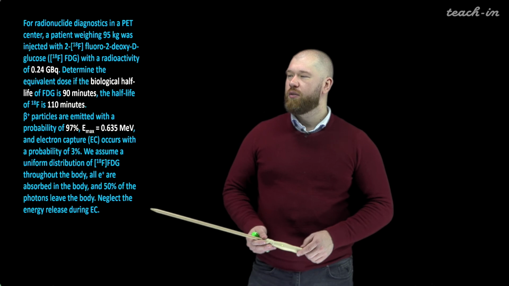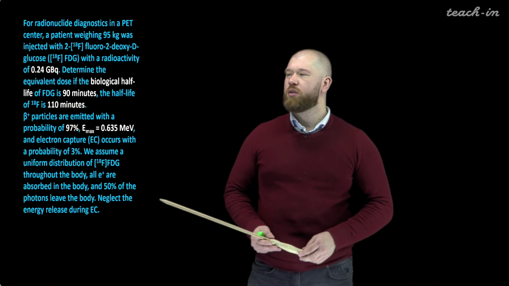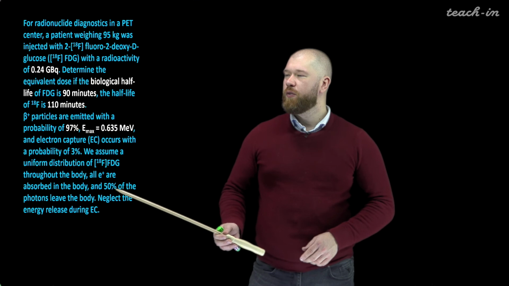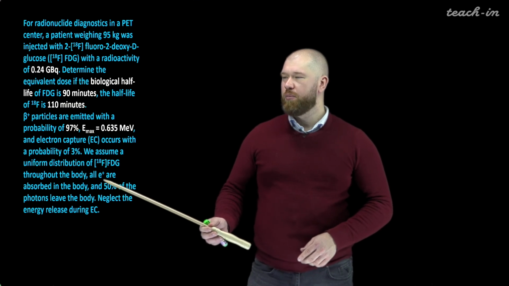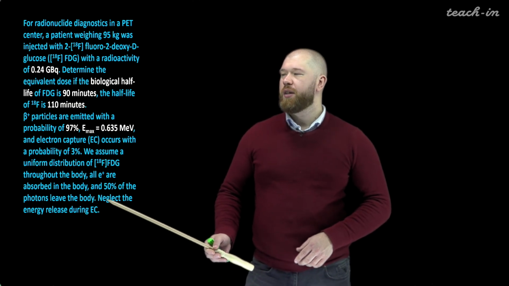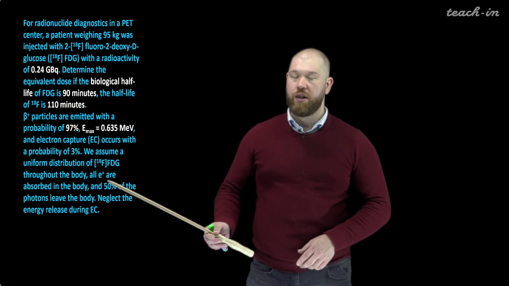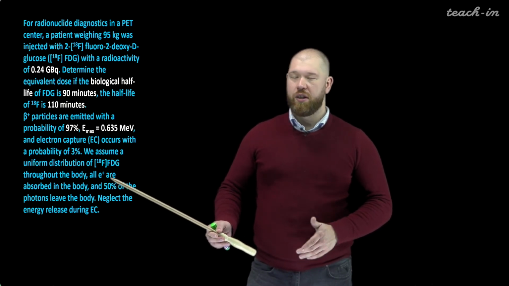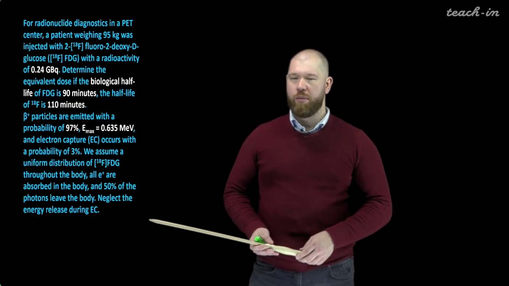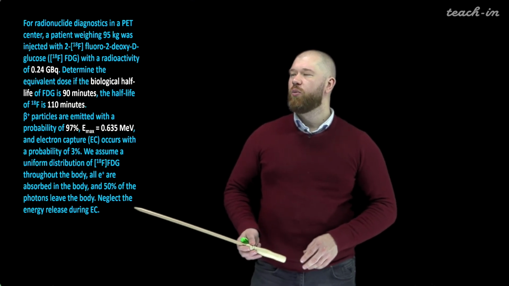And we have to assume what is the equivalent dose that is created in the human body if all the beta plus particles are absorbed in the body, and as they are positrons, that means that they annihilate and produce 2 gamma quanta with the energy of 511 kilo electron volts.